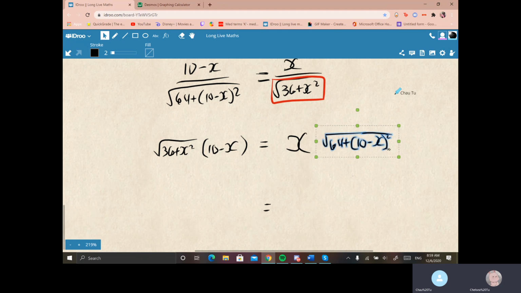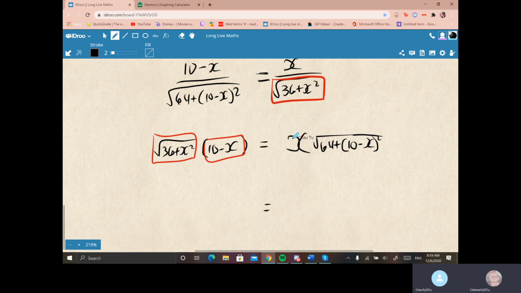Okay. So now what, Chelsea? You see that square root thing? You can imagine this as being like one block multiply another block, and then you've got one block multiply another block. Whenever you have a square root, if you square both sides, it becomes neater.